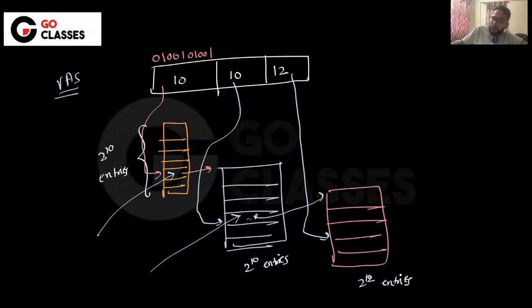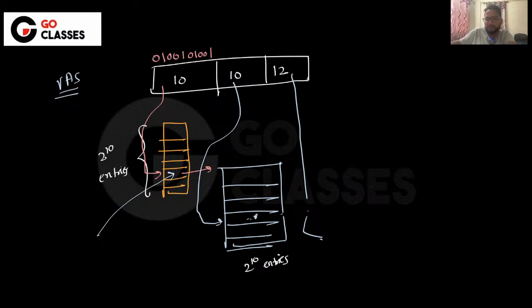Whatever you got from here is the physical address of the page. Let me tell you the total translation that is happening. Finally you got the physical address of the page, or the frame, we are looking for.